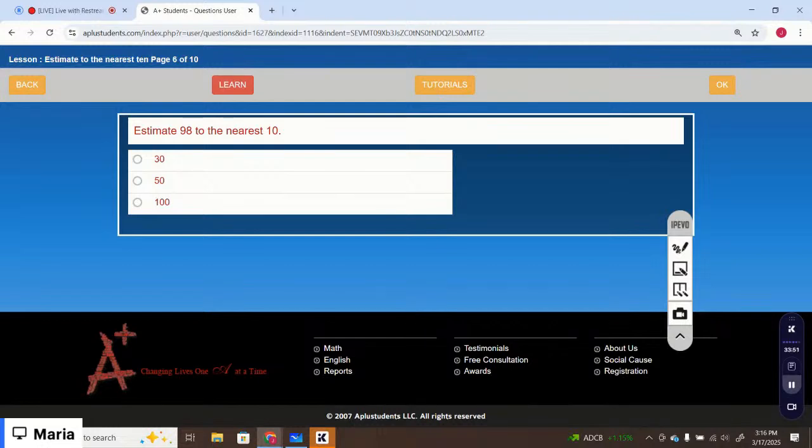Estimate 98 to the nearest 10. 98 is estimated to 100.